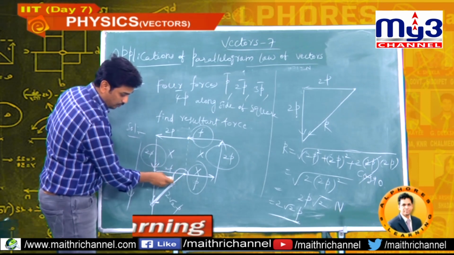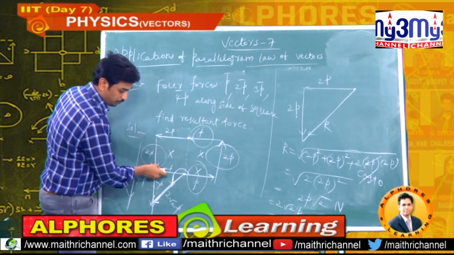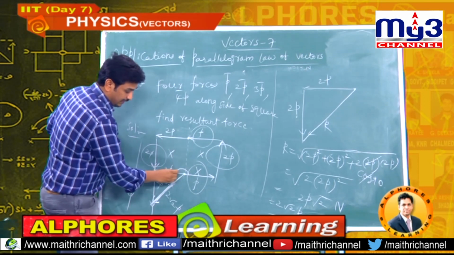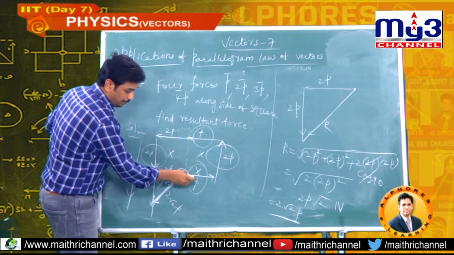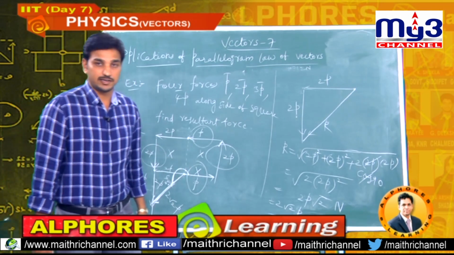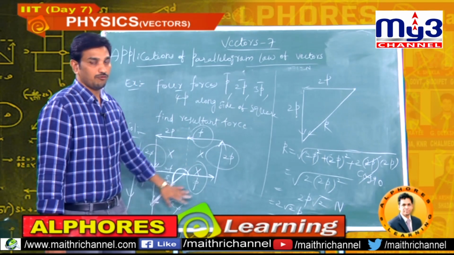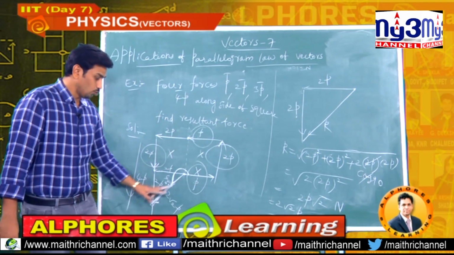Tan theta is equal to 2P by 2P, opposite by adjacent, opposite 2P, adjacent 2P. Now it is 45 degrees. 180 plus 45, total 225. With this P bar vector, the resultant has an angle of 225 degrees. The final conclusion is that for the 4 vectors P, 2P, 3P, 4P, the resultant is 2 root 2 P.